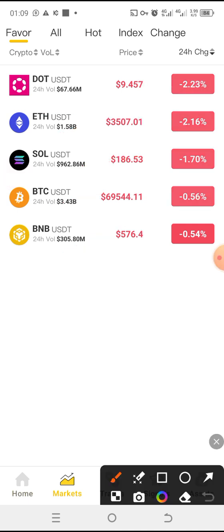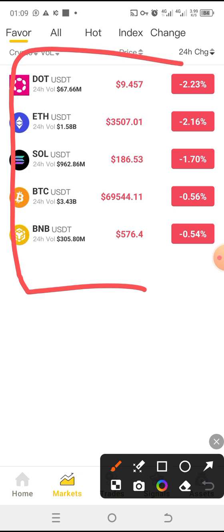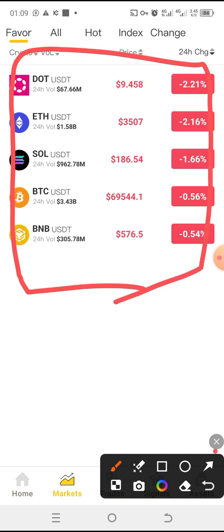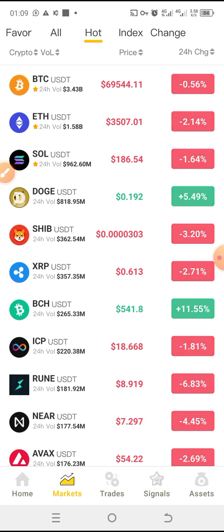If I'm trading a cycle, I prefer to choose my coin here, because all these coins will not disappoint you and will not do anything outrageous, especially at this time. I'll come to hot here if I'm trading a single, that means I just want to get to the market, make my profit, and get back.